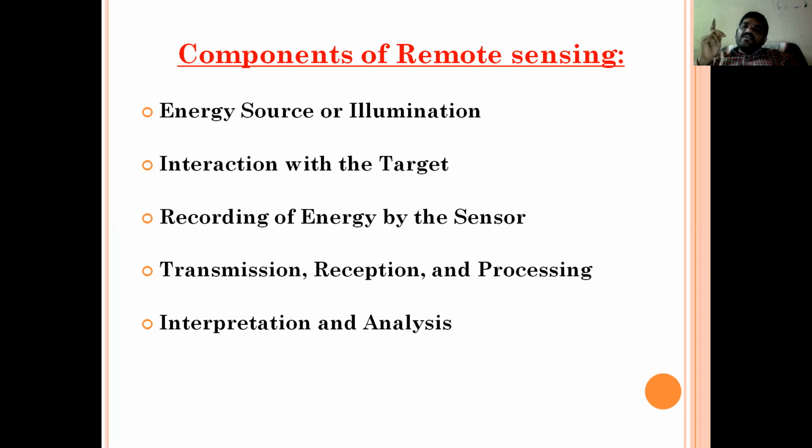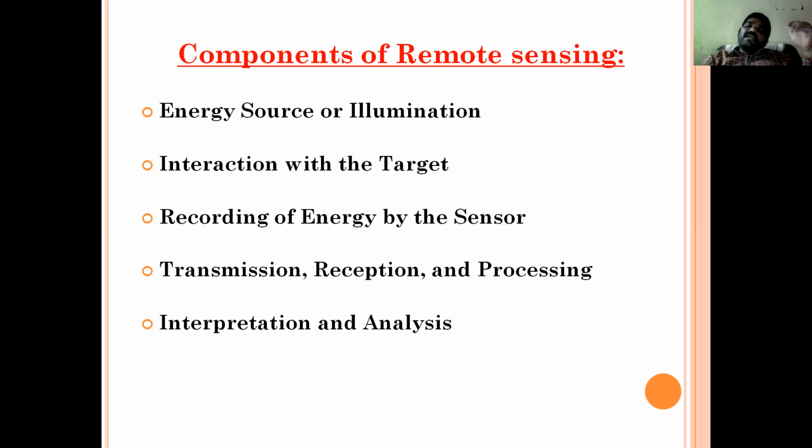What is this active source? If the sensors are able to illuminate the target on the earth with their own capacity, they are called active sensors. If the sensors are unable to hit the target themselves to take the image, and depend every time on solar energy to hit the target, we call them passive sensors.